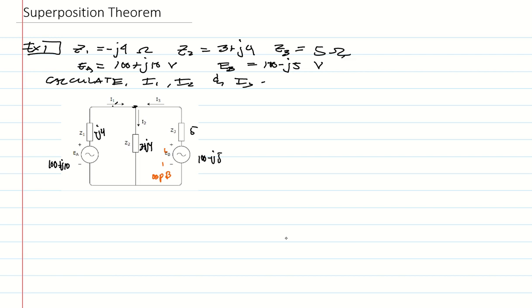Superposition is mainly used to solve specifically for one branch current or one parameter, just like Thevenin and Norton's theorem. Because it's very tedious if you want to solve for every branch current using this method. It's not practical to use superposition.